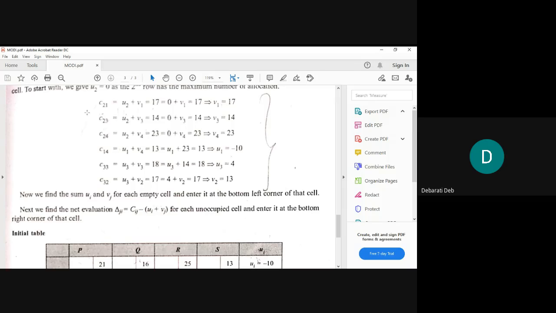See, in the second calculation, V3 is 14. So U3 plus 14 equals 18. That implies U3 equals 4. Okay.